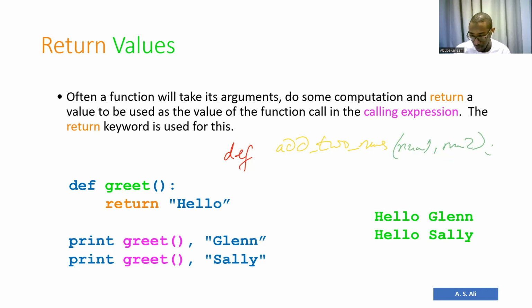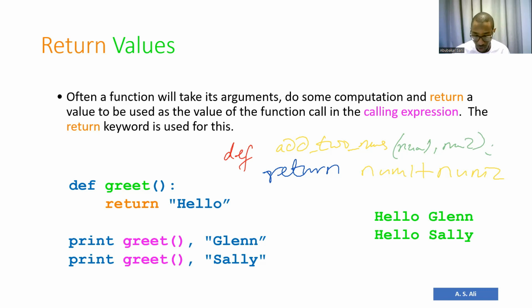So I will say return num1 plus num2. Whatever I give to this add two numbers function, it is going to add them together, num1 plus num2, and it's going to return the value to me.